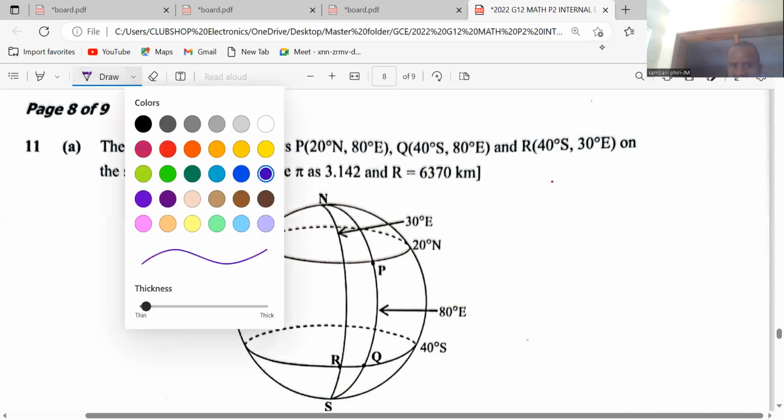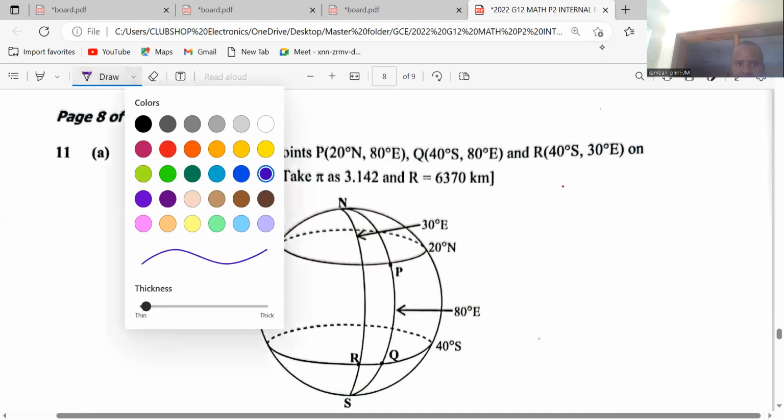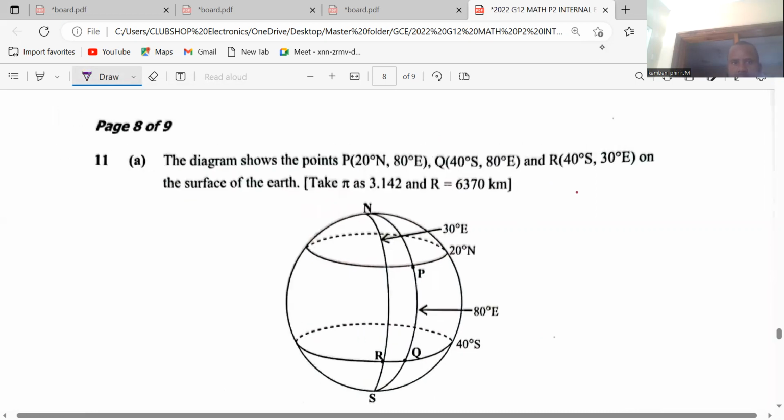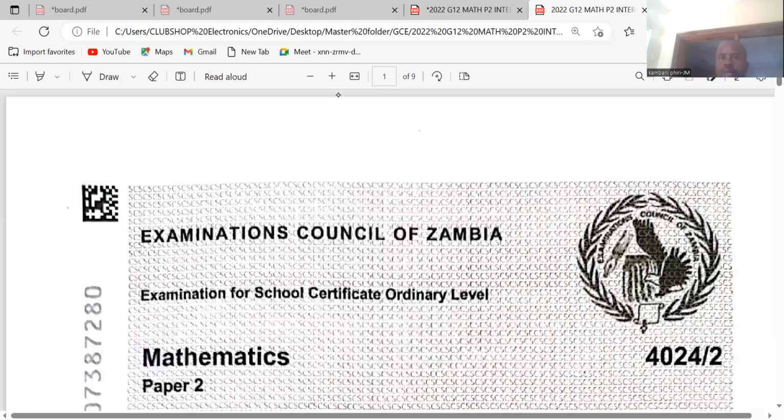Now let's take our pi to be 3.142, and our radius to be 6370 kilometers.